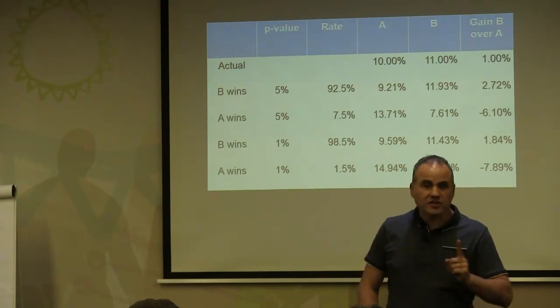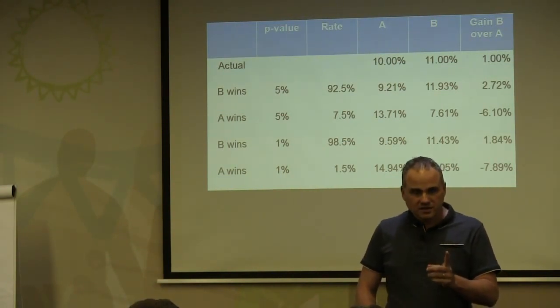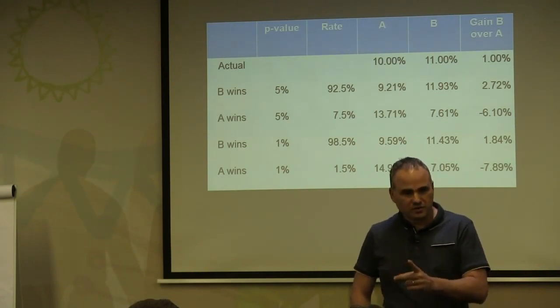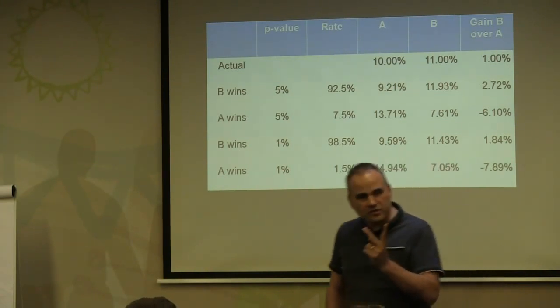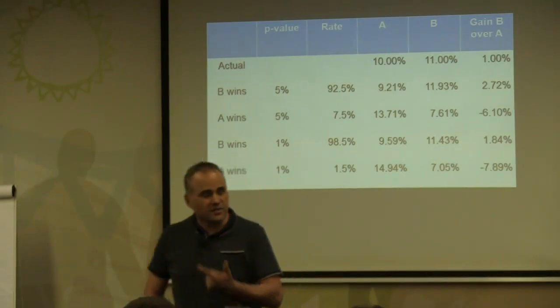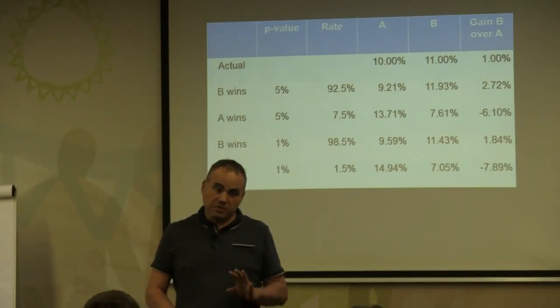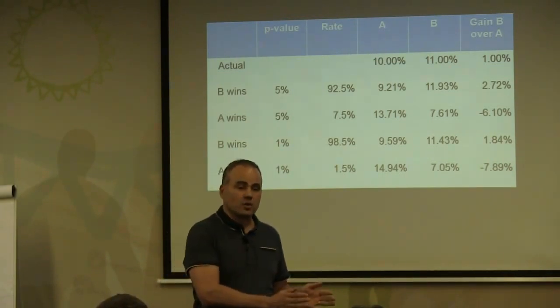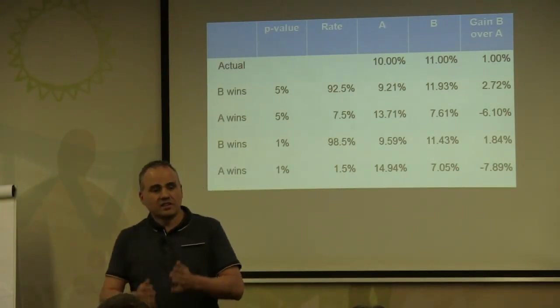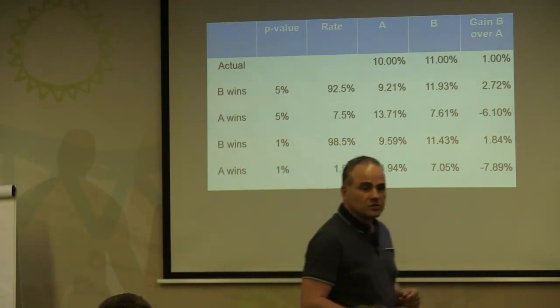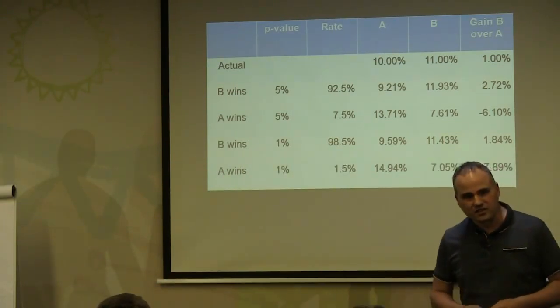But the fact that you are selecting the winning one causes it to be wrong for you. The average difference between A and B is going to be 1%. That is true. But because you are selecting A when A won and B when B won, this means that you are going to lose a lot of the gain that you think you have.